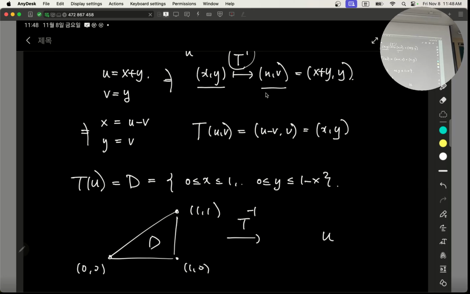So to get U, let's see where (1, 1) goes. These are x and y coordinates. So when x and y are 1 and 1, then I get (2, 1). So that's u and v. So that's (2, 1) here. And (0, 0) goes to (0, 0). And (1, 0) goes to (1, 0).